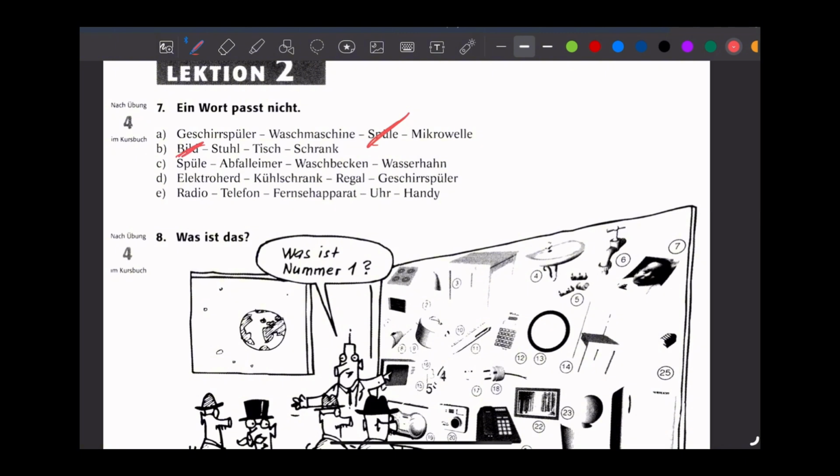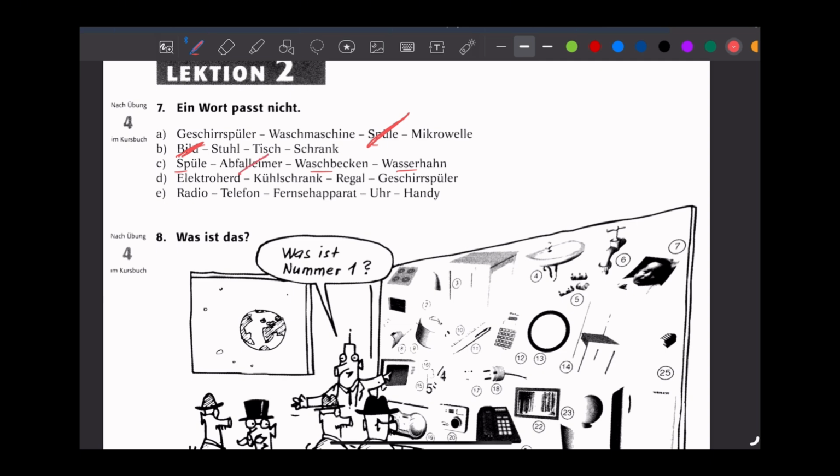They're all made of wood or so, except that. We have Spüle, Abfalleimer, Waschbecken, Wasserhahn. So all this belongs to the sink, washing or whatever, except Abfalleimer.